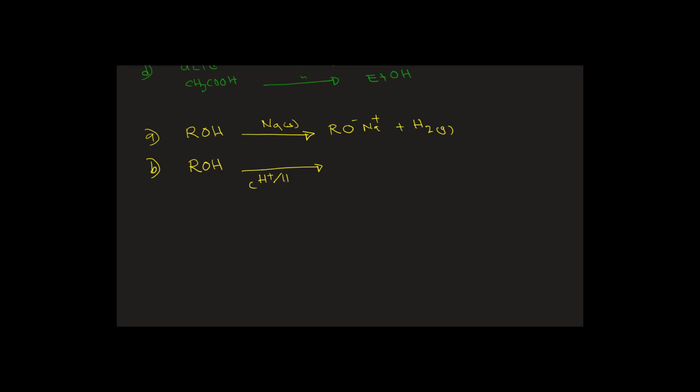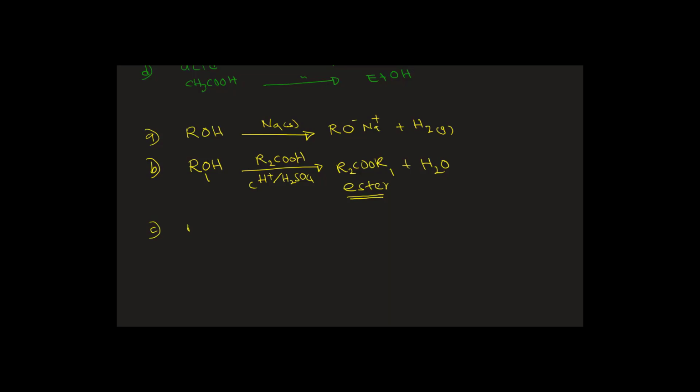The other one, alcohol also reacts in the presence of catalytic acid. We can react basically sulfuric acid and a carboxylic acid with the alcohol to give you the ester.